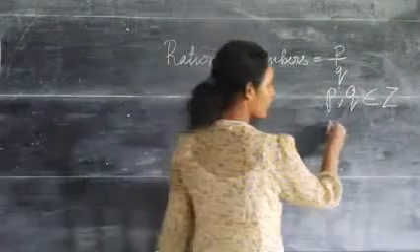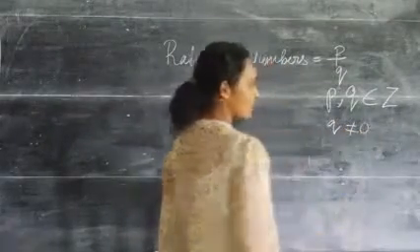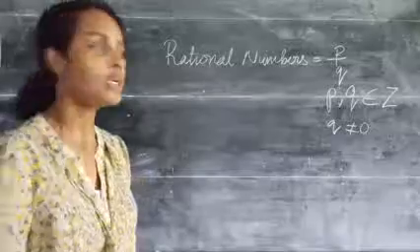So p and q are integers, and one more condition: q is not equal to 0. That means q is never 0, right?